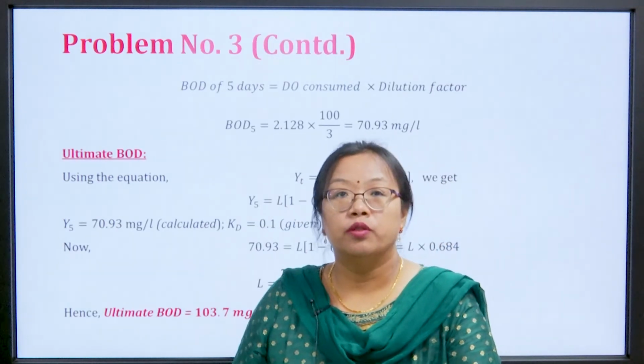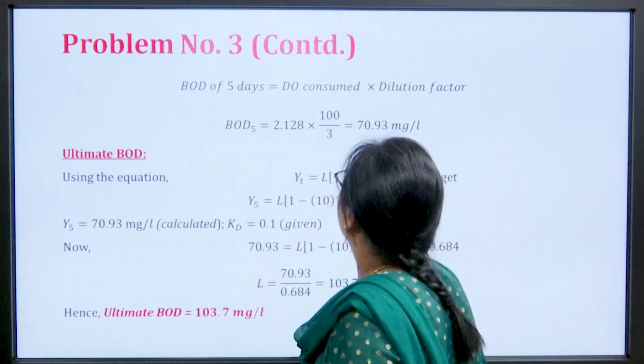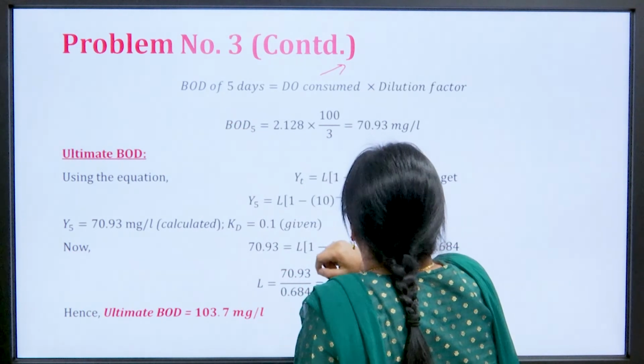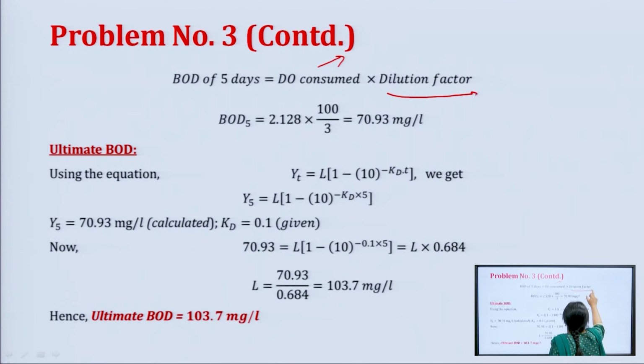Now, what is the BOD? BOD of 5 days will be equal to DO consumed into the dilution factor. What was the dilution factor, if you remember? It is already there in the BOD slide.